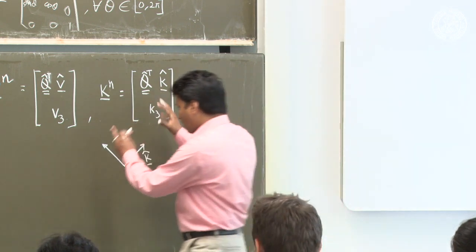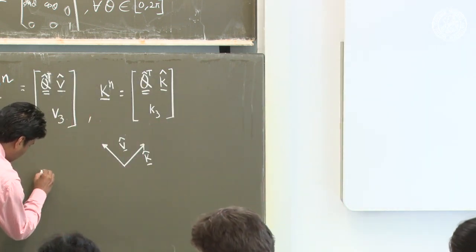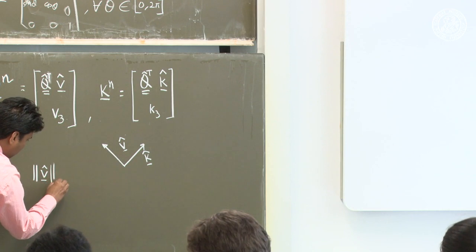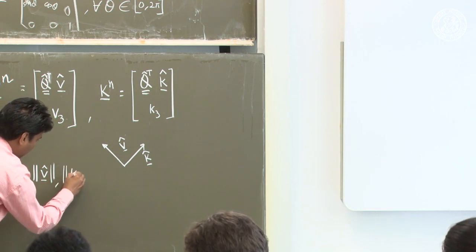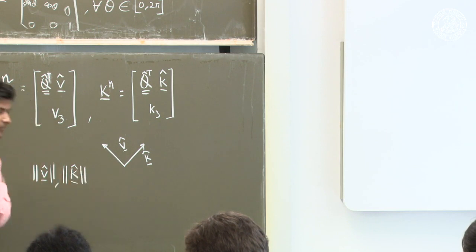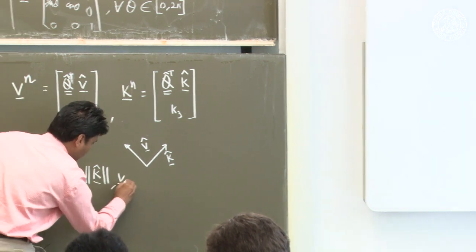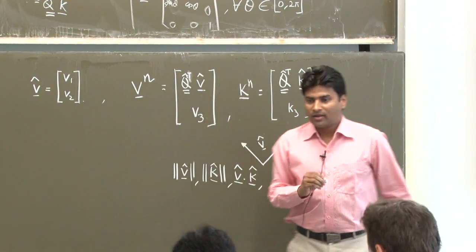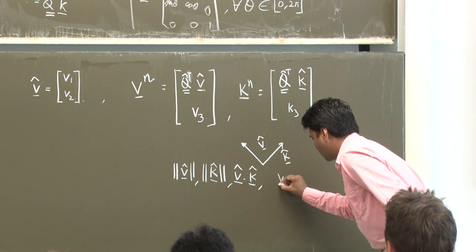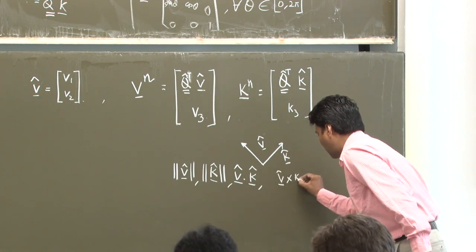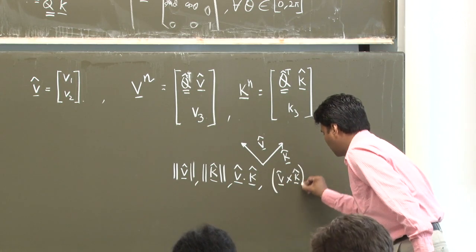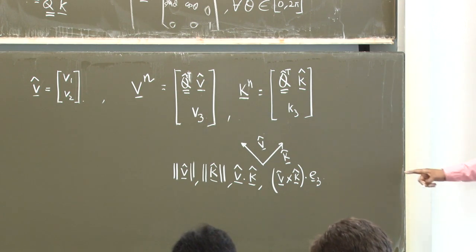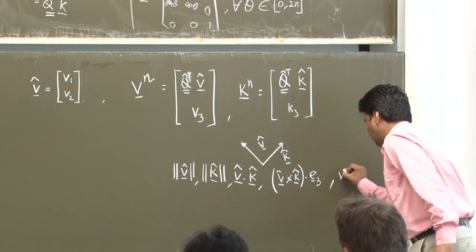So it turns out all such invariants are: one is the magnitude of V hat, then the magnitude of K hat, then the dot product between V hat and K hat, and the cross product V hat cross K hat dot E3. So these are invariants, and of course V3 and K3 also.